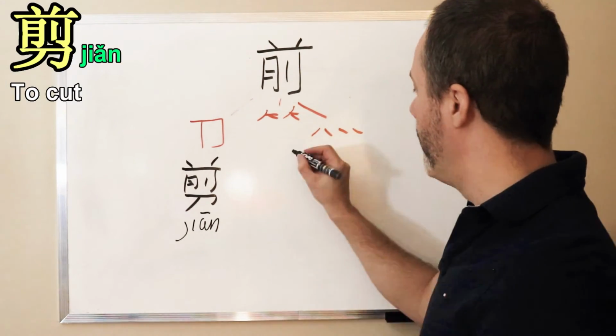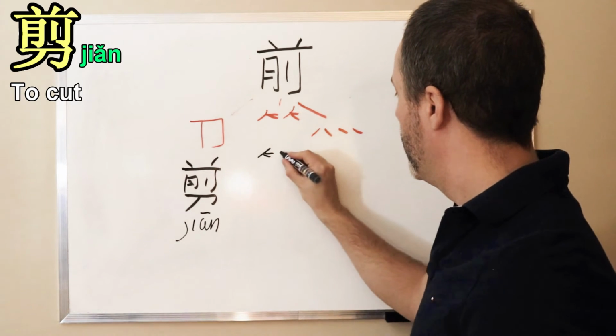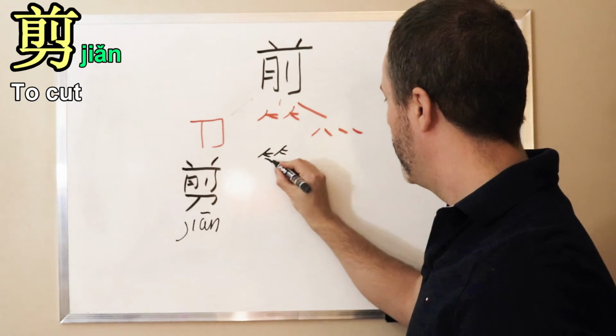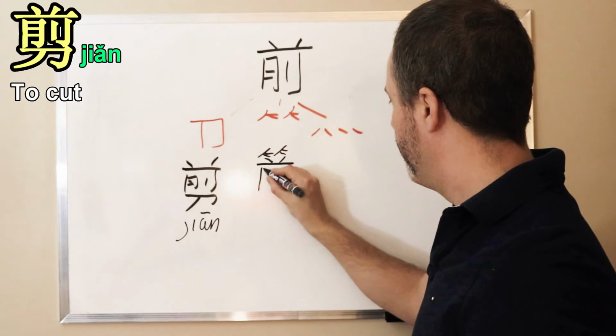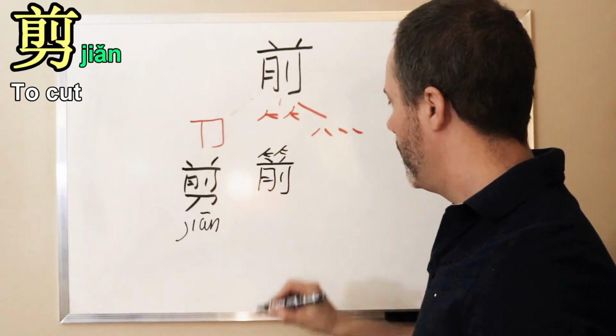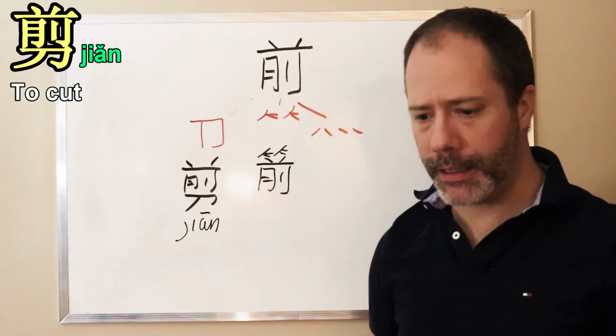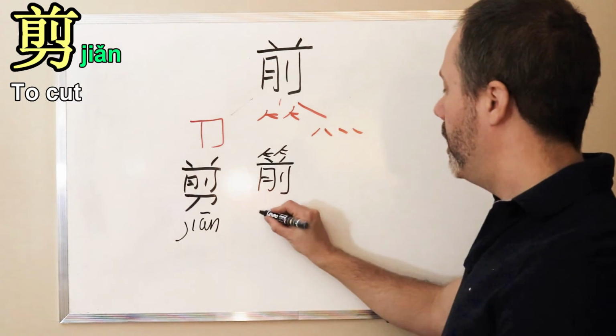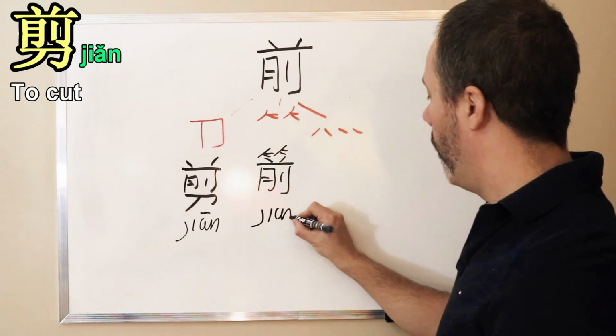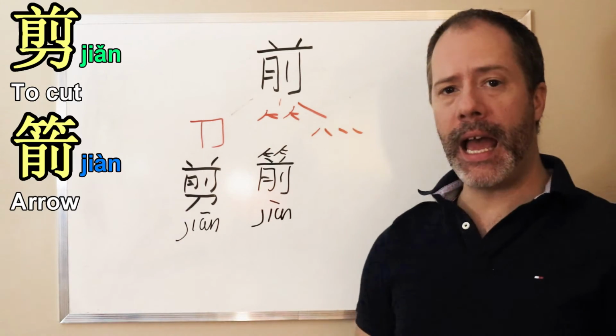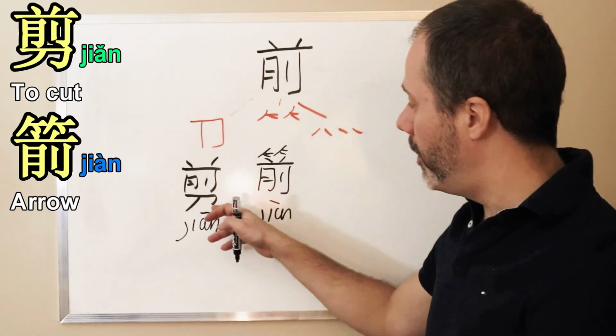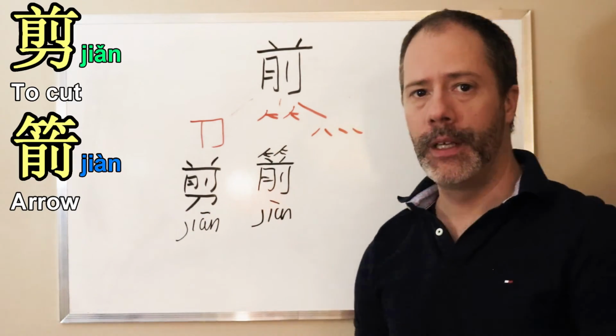If I add the bamboo at the top, it becomes also jian, but with another tone, tone 4, and it means an arrow. And this one, by the way, means to cut.